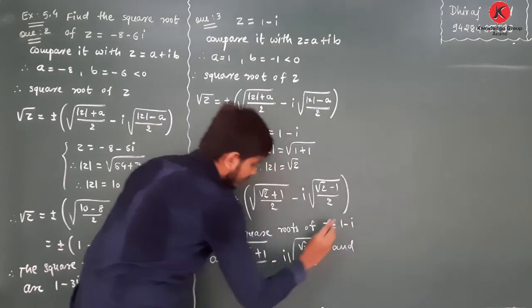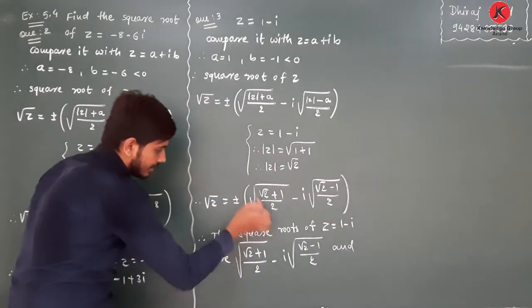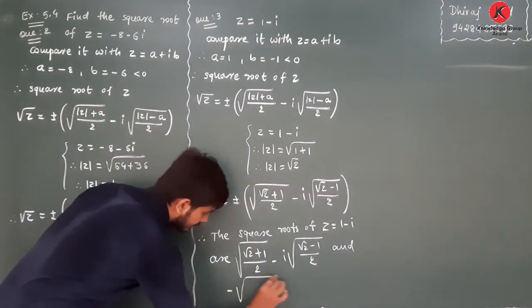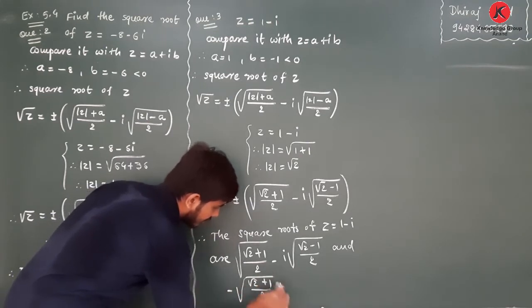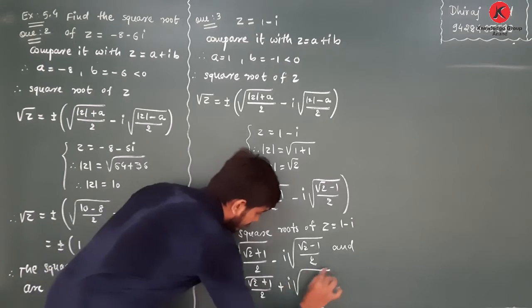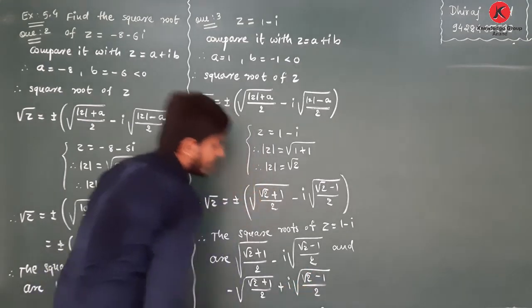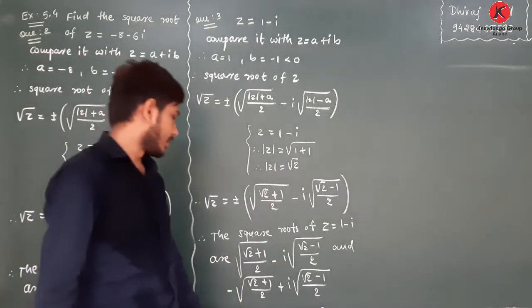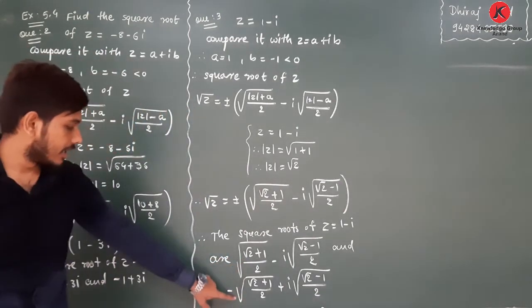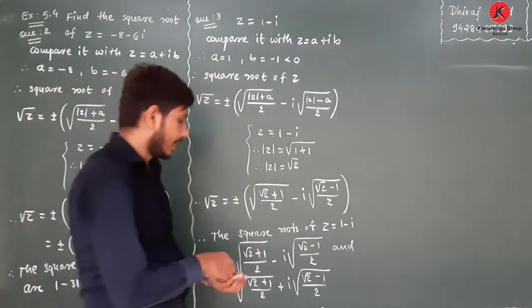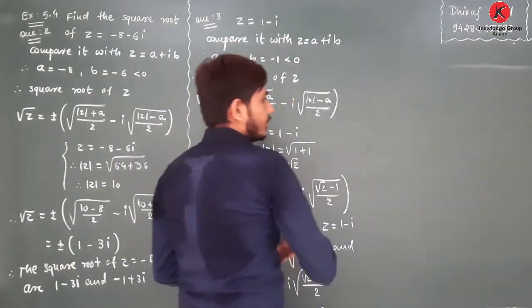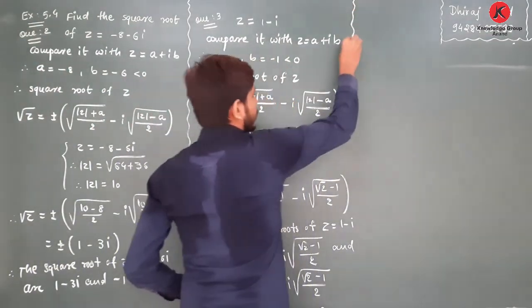And the second one, multiply by minus: minus under root of root 2 plus 1 divided by 2, plus i into under root of root 2 minus 1 divided by 2. The two square roots are possible. First one is this and second one is this. Clear? Now we are going to discuss the next question.